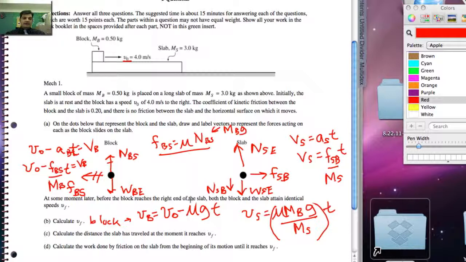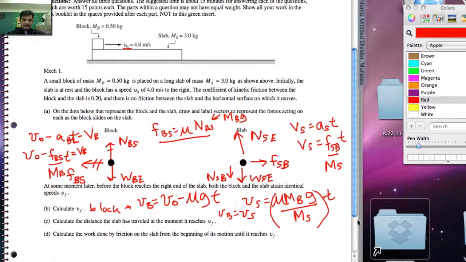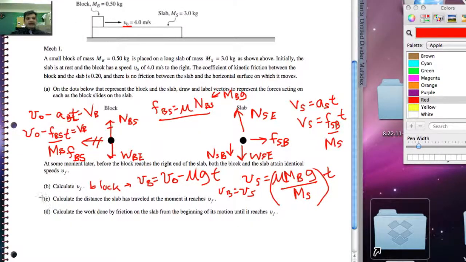Now, to get v final, these have to have the same speed at the same time, so we can set v of the block equal to v of the slab and solve. You're going to go do that. Then to get the distance the slab has traveled at the moment it reaches v final, we use x equals 1/2 a of the slab t squared plus v naught t plus x naught.